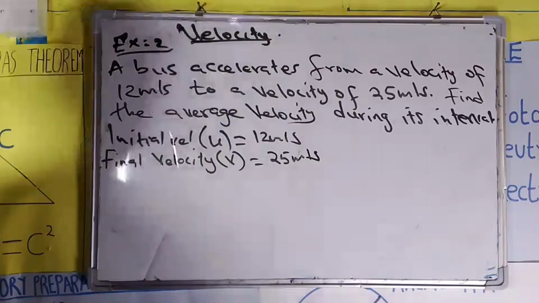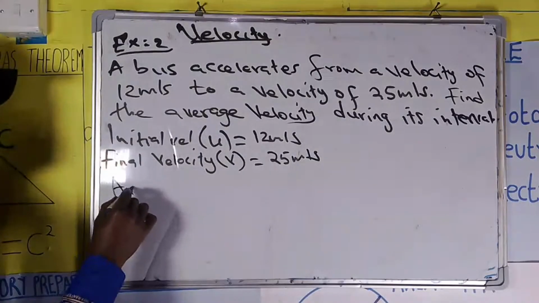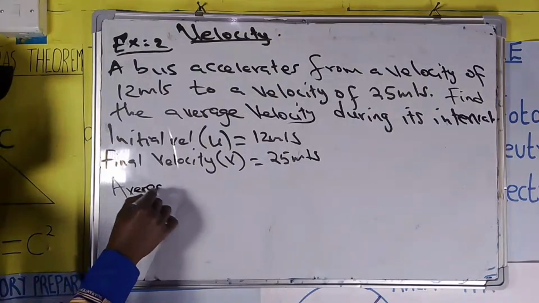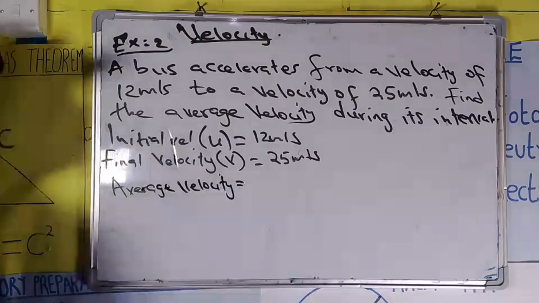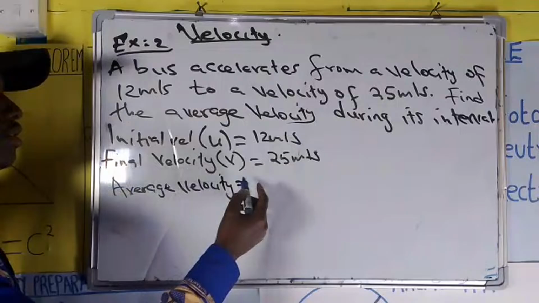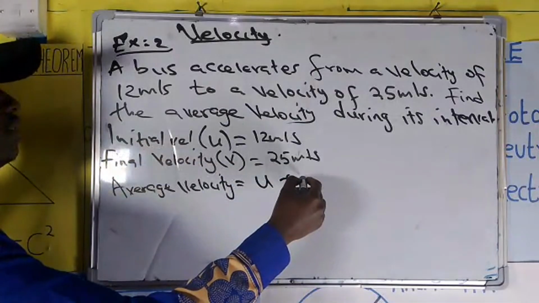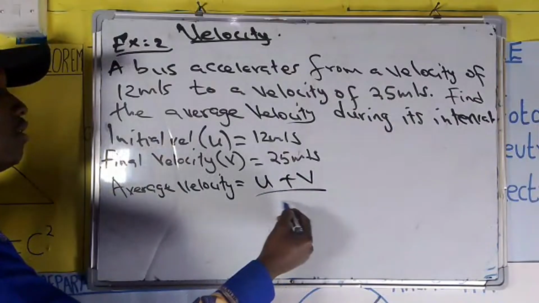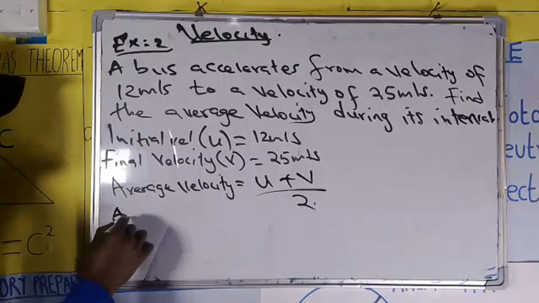Then we are being told to find the average velocity, which we said the formula is initial velocity plus final velocity over 2. That is how we said we find average velocity.